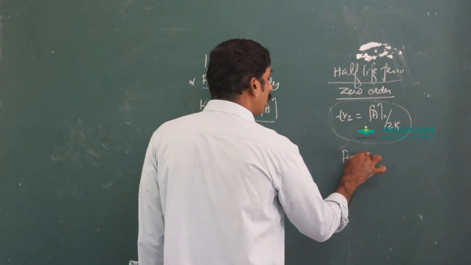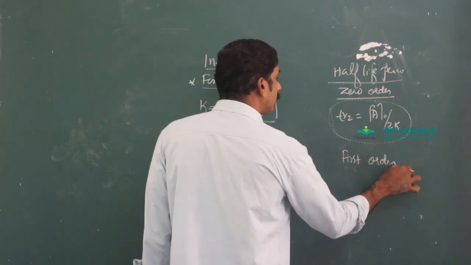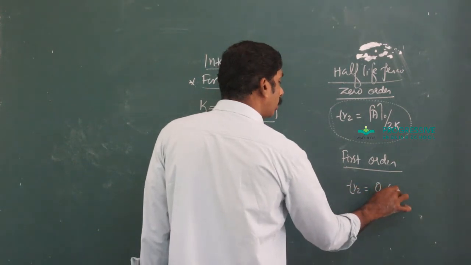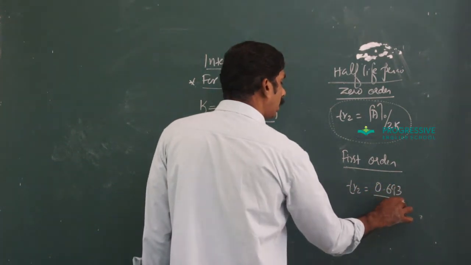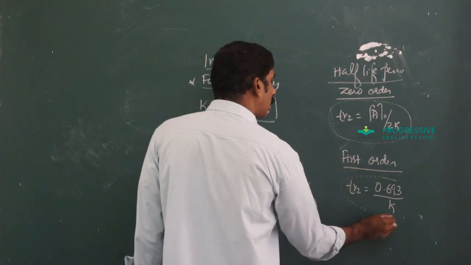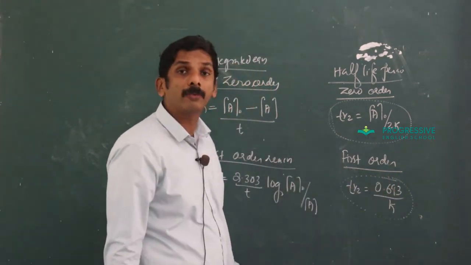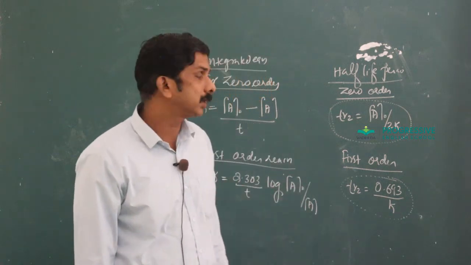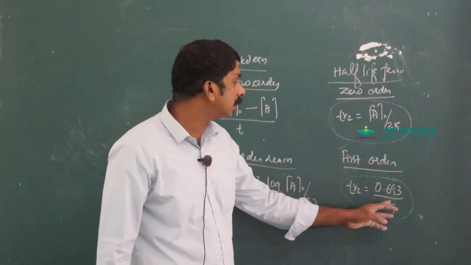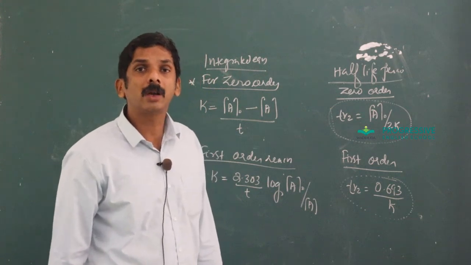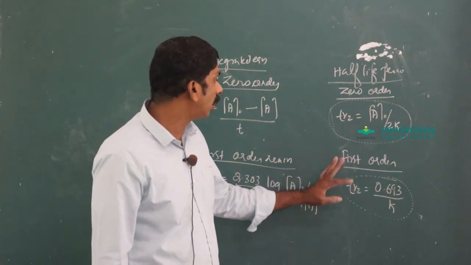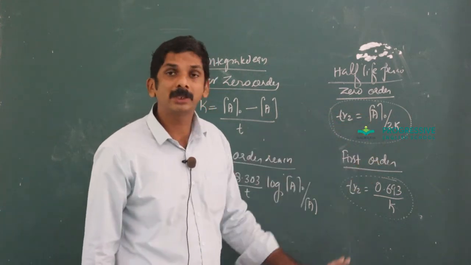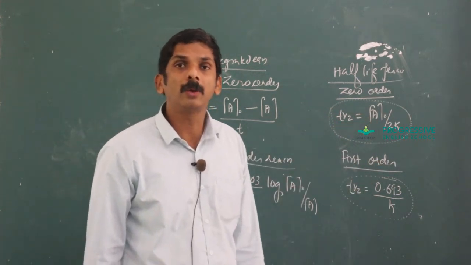And for a first order reaction, T half equal to 0.693 by K. That is, for a first order reaction, T half is independent of initial concentration, and for a zero order reaction, T half is directly proportional to initial concentration.